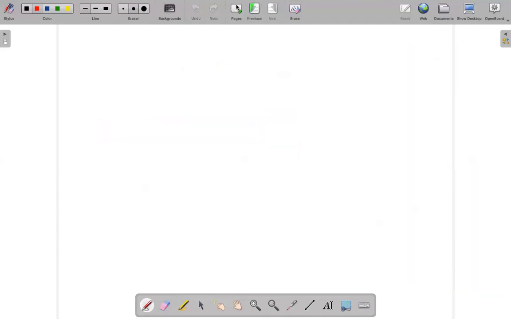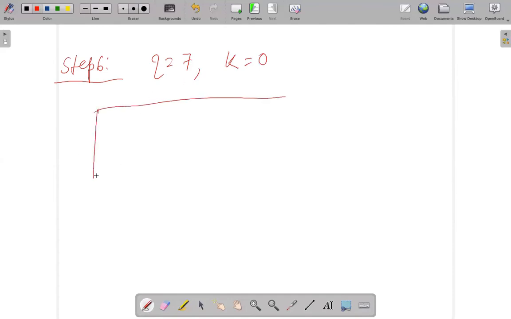Next, and the final step is step 6. Where your q is 7, k has been reset to 0, and the state of the table is this.